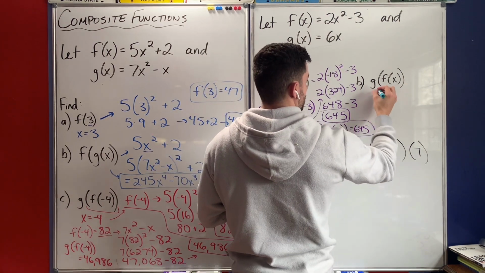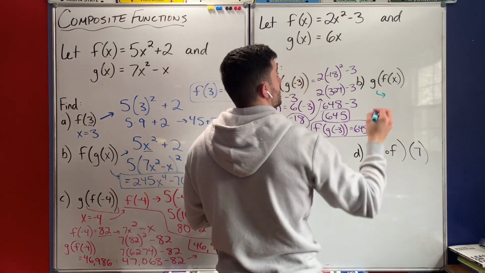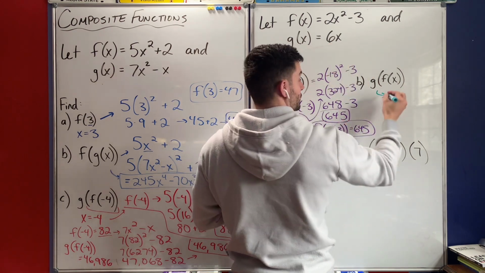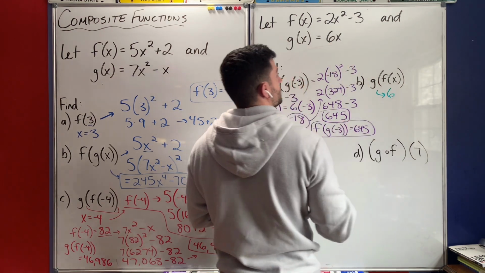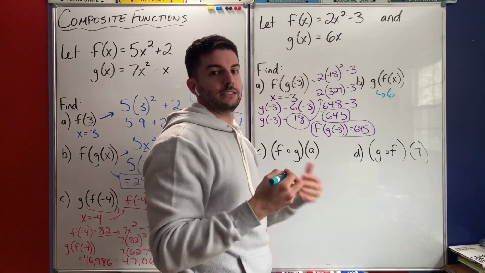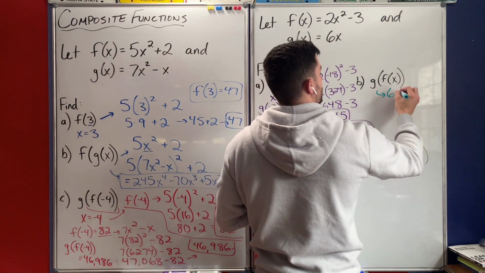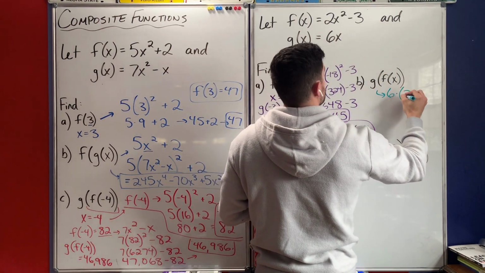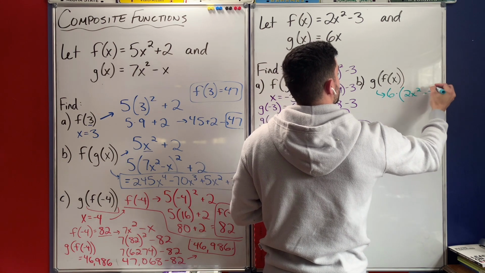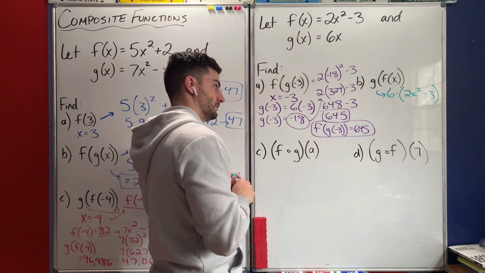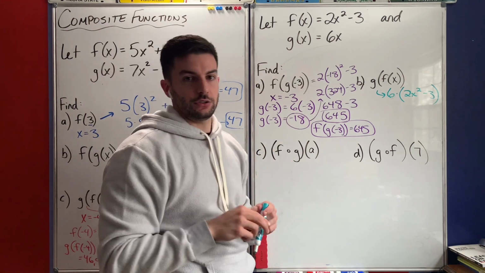So here's how that's going to look, g of f of x. I take my g equation, that's my skeleton, my structure. It's super simple too, 6 times x. But instead of being 6 times x, it's going to be 6 times the f group, which is 2x squared minus 3. Again, taking that and just replacing the x with the whole group. And then I would just simplify from here.